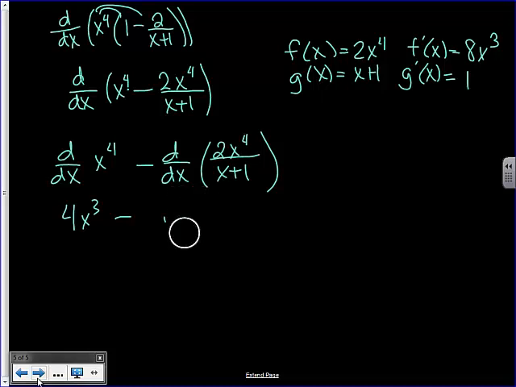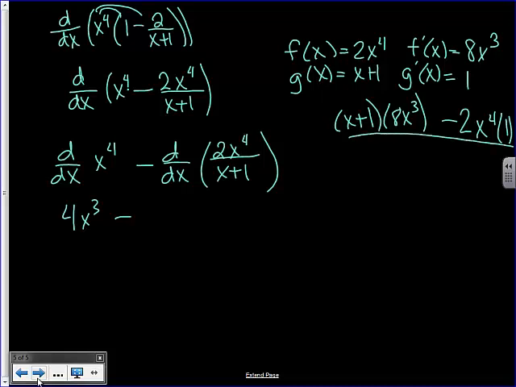Going back to my rule, let's work my derivative over here. So the bottom, which is x plus 1, times the derivative of the top, which is 8x cubed, minus bow de toe, minus toe de bow, which is the top, 2x to the fourth, times 1, well that's just 1, all over bow, which would just be x plus 1 squared. Okay, so let's look at this. I can distribute that 8x cubed through.